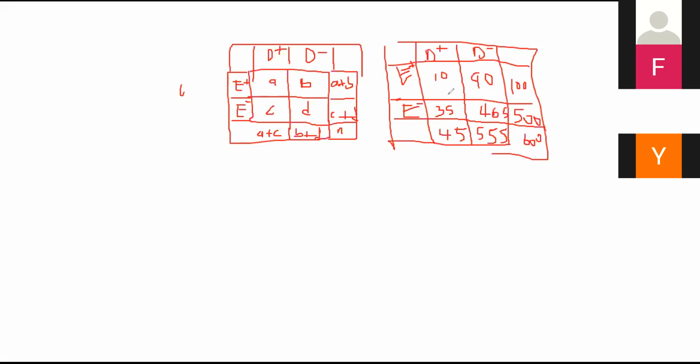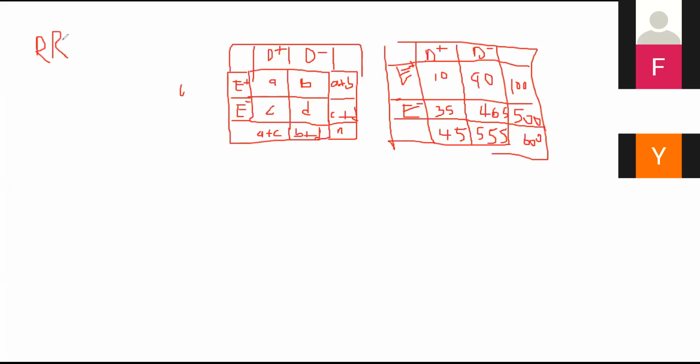Let me first do the relative risk, because it's easier. 100 are exposed, 500 are not exposed. 45 have the disease, 555 do not. What is the relative risk?